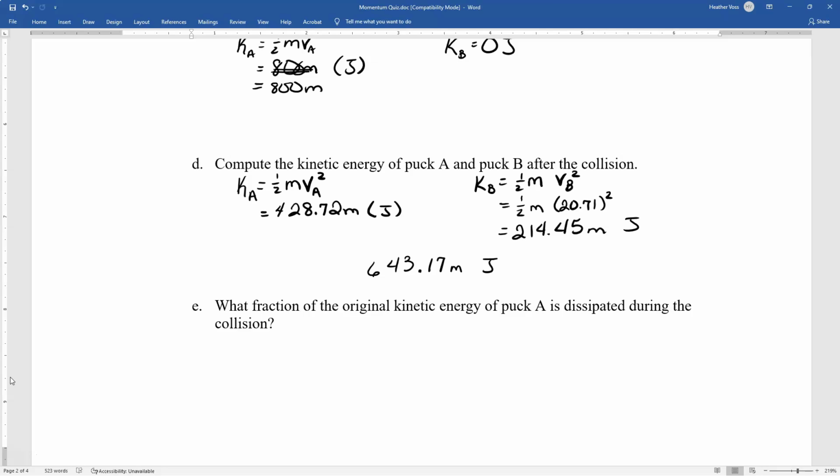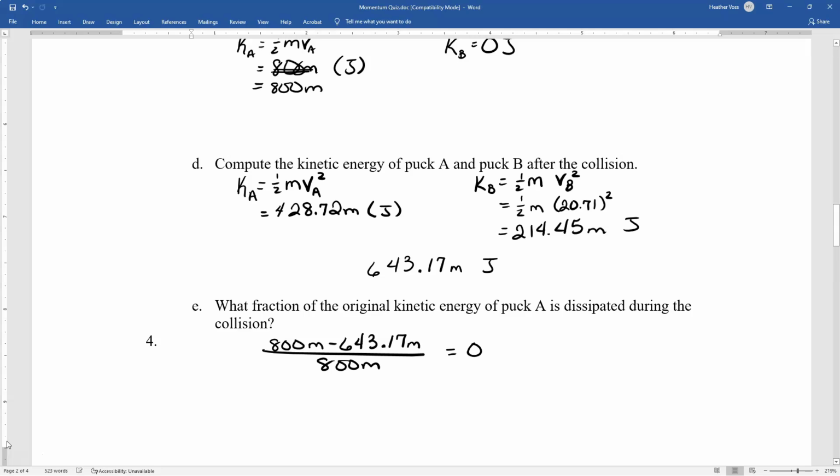If I want to know what fraction of the kinetic energy was dissipated, so how much did we lose, I'm going to take 800 minus what I ended up with. I'm going to divide that by the 800. Masses are going to cancel.